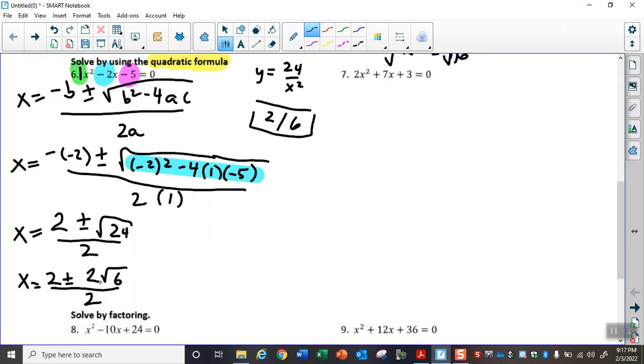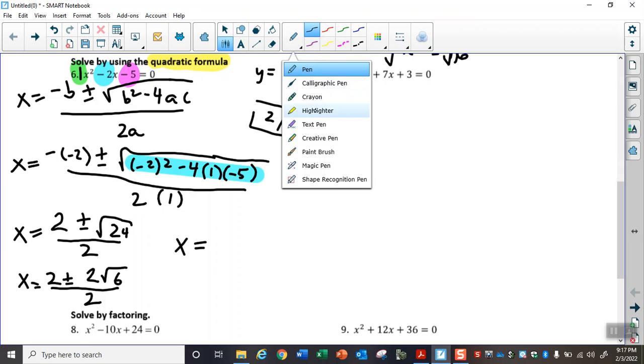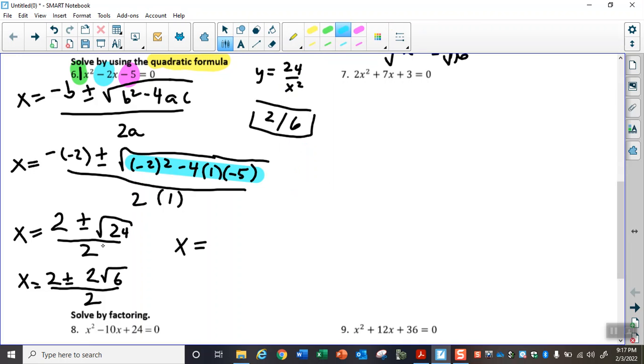All right. And then now you still have one more simplification here. I could say x equals, and it's kind of like we did when we had the GCD, we were dividing out when we were factoring, right? I've got 2 divided by 2 is going to be 1.